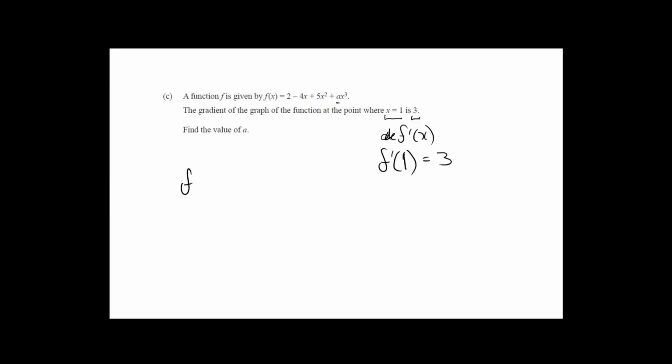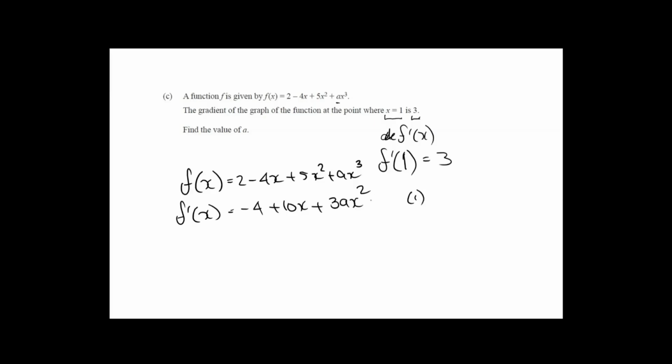Okay, so if f of x is given as this, plus ax cubed, I'm going to presume that a is a constant. f prime of x is going to be minus 4 plus 10x plus 3ax squared. And we know that when x equals 1, this should equal 3.